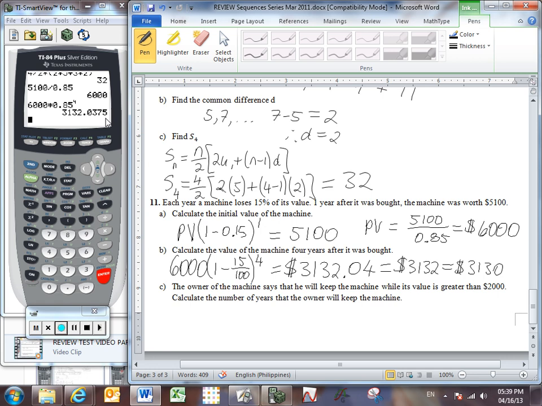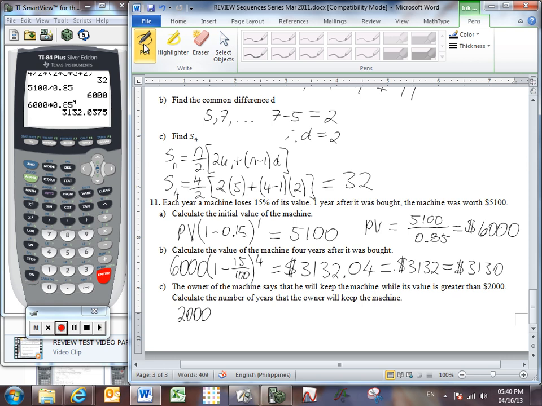Part C. The owner of the machine says that he will keep the machine while its value is still greater than $2,000. Calculate the number of years the owner will keep the machine. Okay, so we're trying to find out then, when is the future value going to be less than $2,000? Oh, so sorry, I need to write that backwards, don't I?